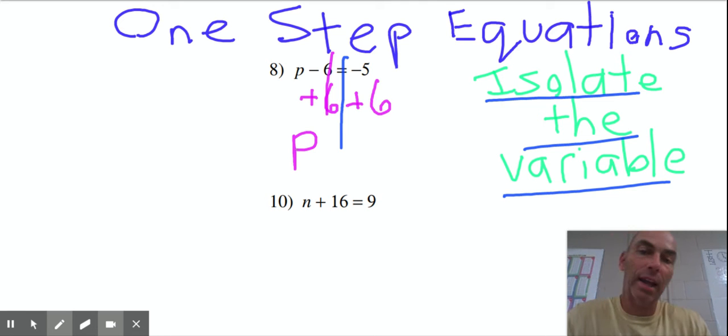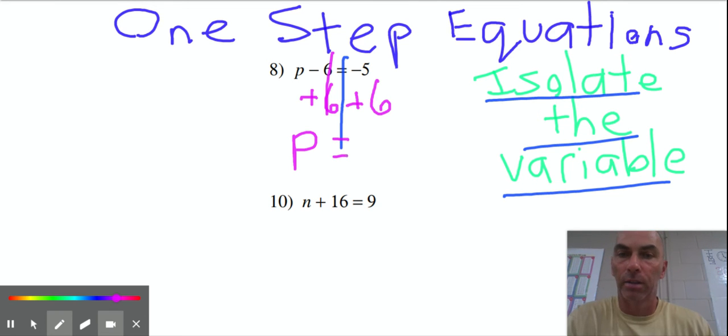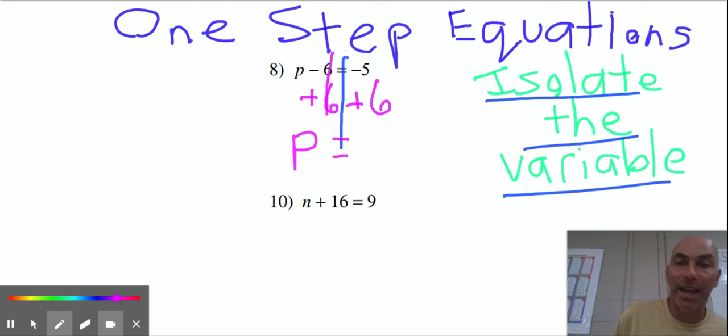So now all I got is p over there. And it equals whatever negative 5 plus 6 is. So let's remember our lovely adding and subtracting integers. Integer rules, we have a negative 5 and a positive 6. Different signs, subtract.